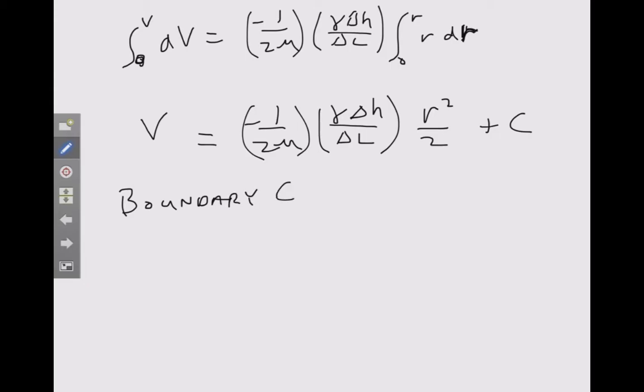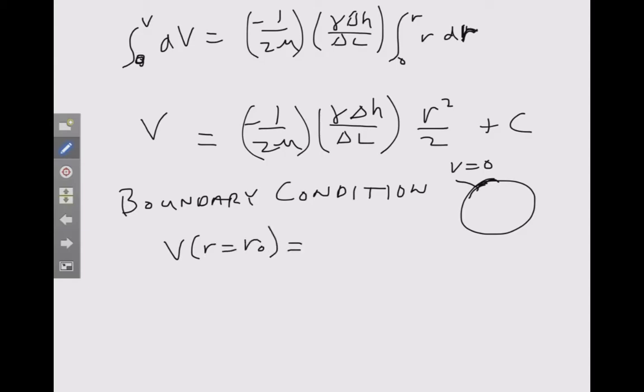The easiest boundary condition to apply is the one at the wall here. Anywhere along the wall of the pipe, the velocity has to be equal to 0 because the pipe's at rest. So writing that out formally, we have v of r equals r0 at the wall is going to equal 0.